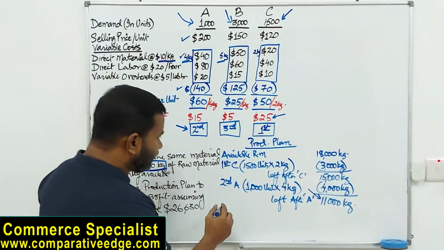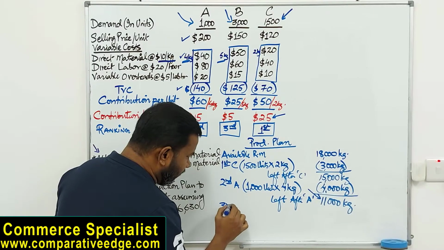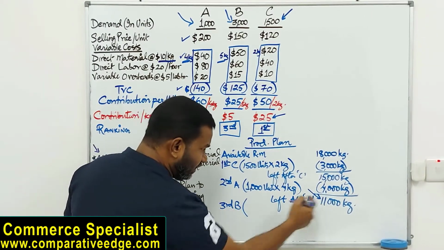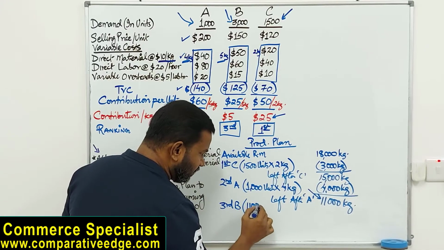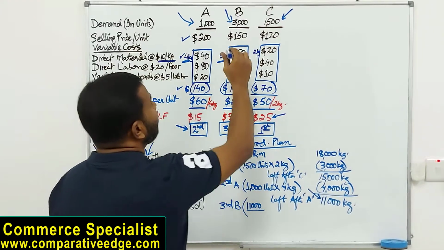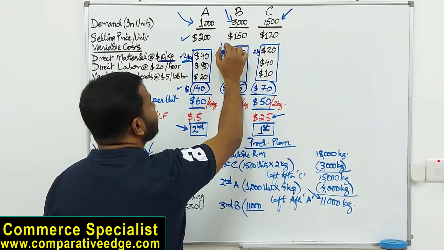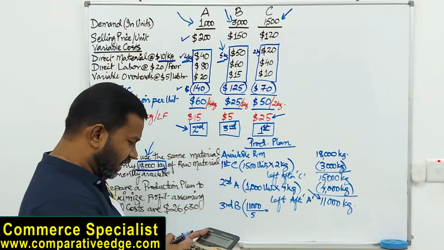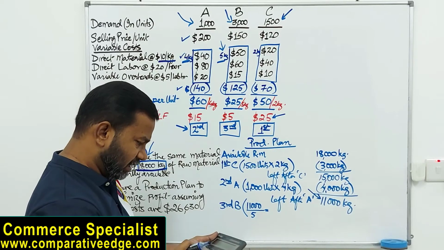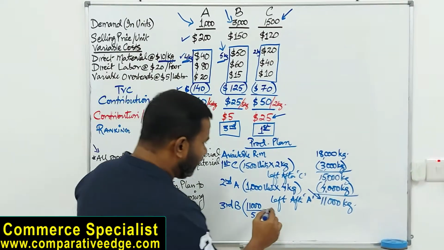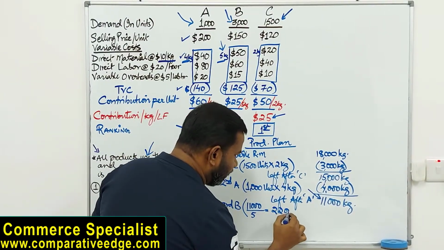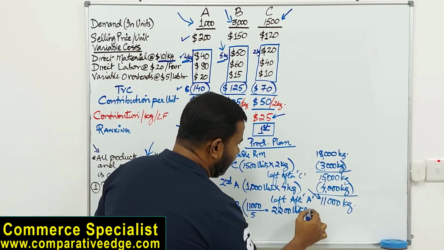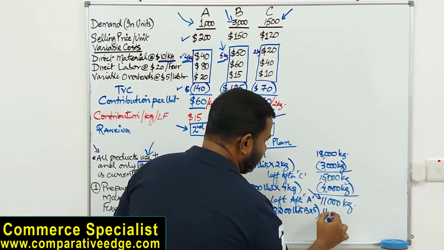So what I do is I write my third priority here, which is B. I write this 11,000 kilograms and I divide by the number of kilograms required for 1 unit. So if I divide by 5, how much do I get? 11,000 divided by 5 gives me 2,200 units of B, and each obviously will take 5, so that gives me 11,000.